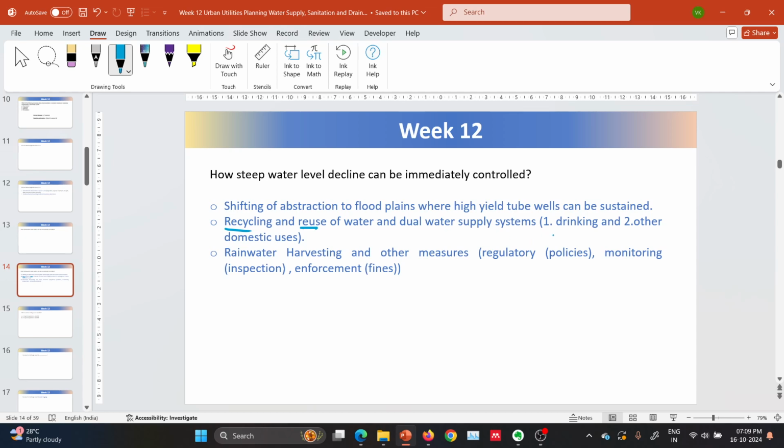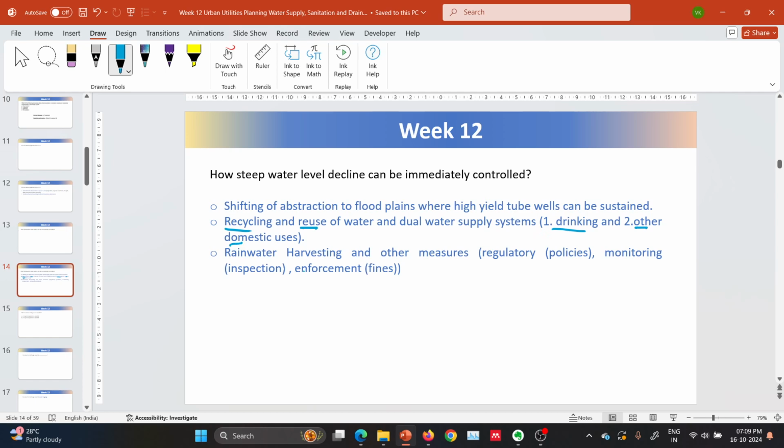And we should have a dual water supply system, one for drinking and second for other domestic uses. For drinking we can provide fresh groundwater, and for other domestic uses we can recycle the water which we are producing as waste.